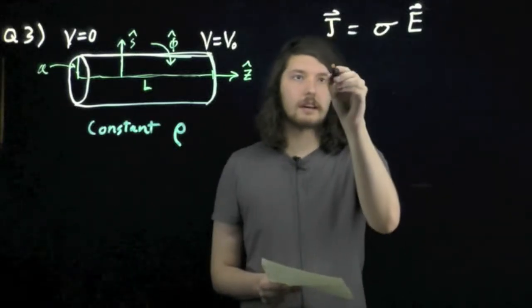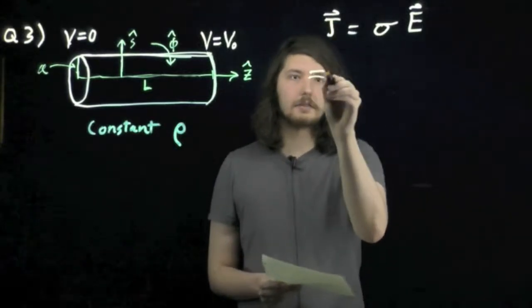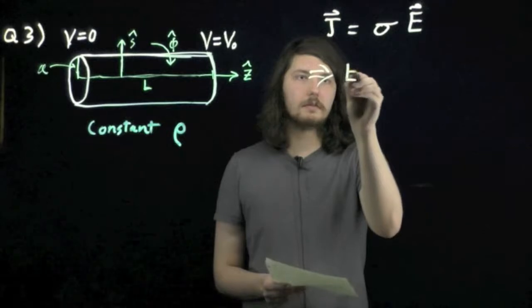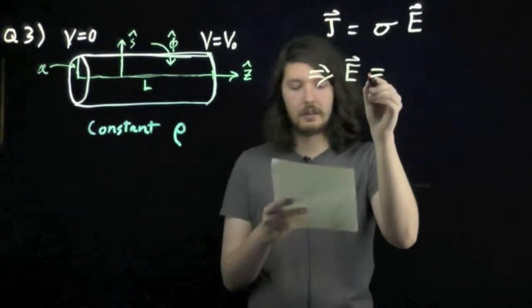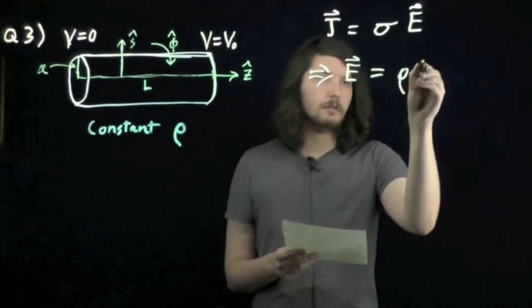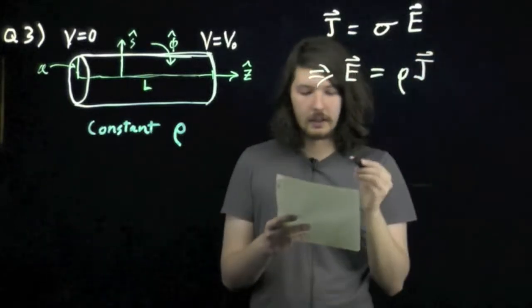So we can use this fact to get that E is equal to rho J.